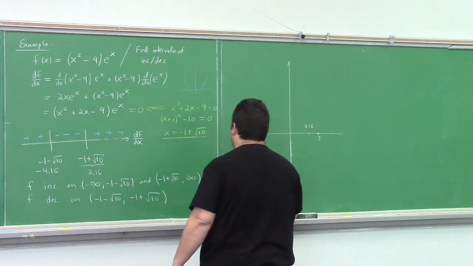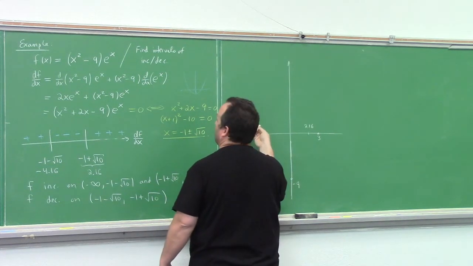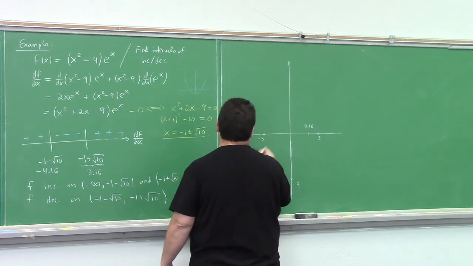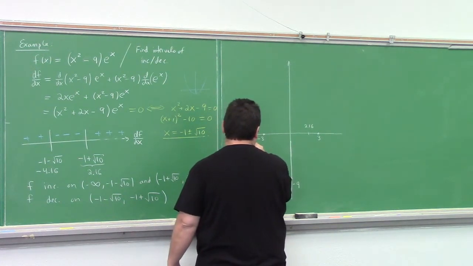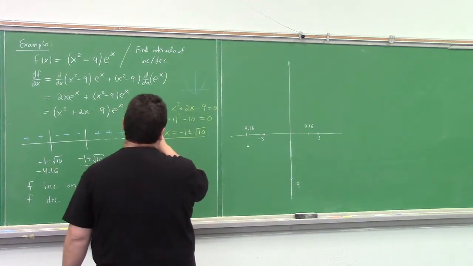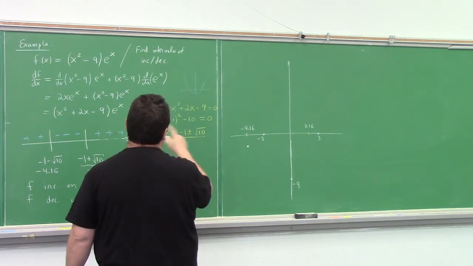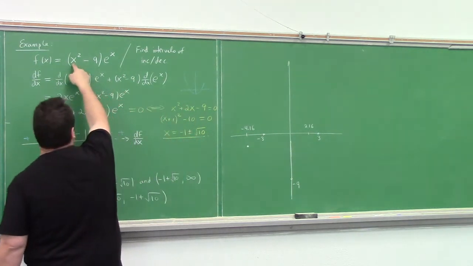So whatever it is, what is f of minus 4.16? Let me not try to guess. It's here somewhere. All right, this is totally schematic, but wait a minute. Is it positive or negative there? At minus 4.16, that's like about 16.